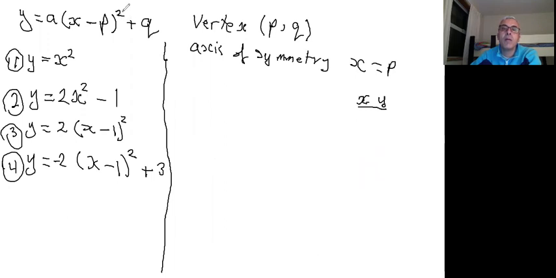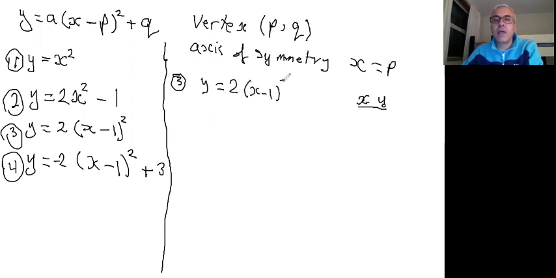So my next parabola is number 3, and it is y equals 2 times x minus 1 squared.